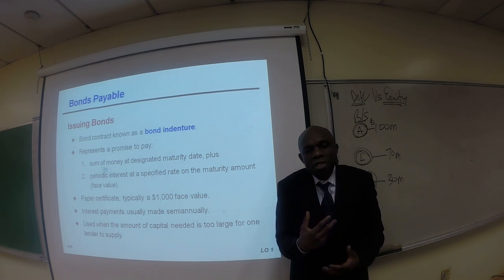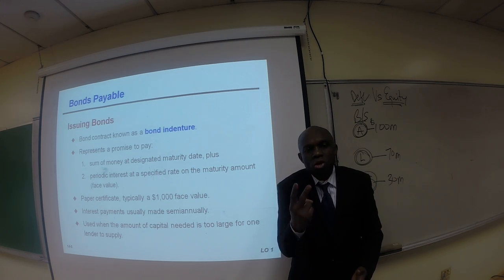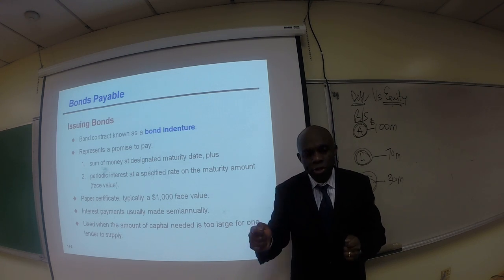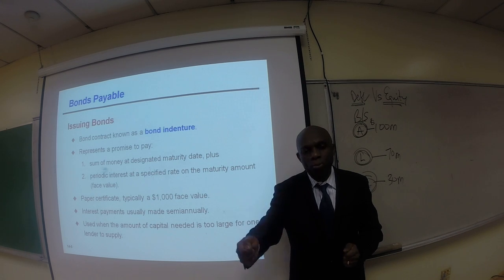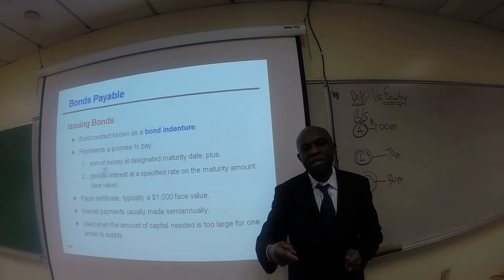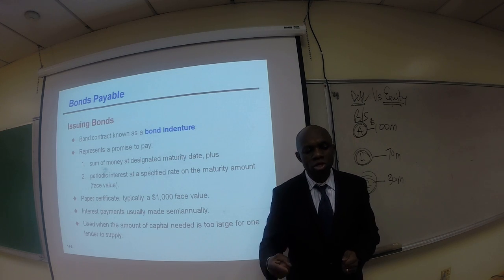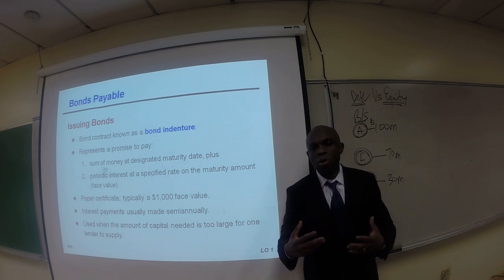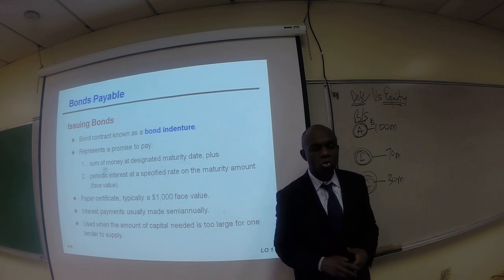The company issuing the bond is promising the creditor two things. Number one, at maturity, be it 5 or 10 years from now, we will pay you back your principal of $10,000. Every year or every 6 months, however the case might be, we will pay you interest. So the company issuing the bond is promising the creditor these two things.